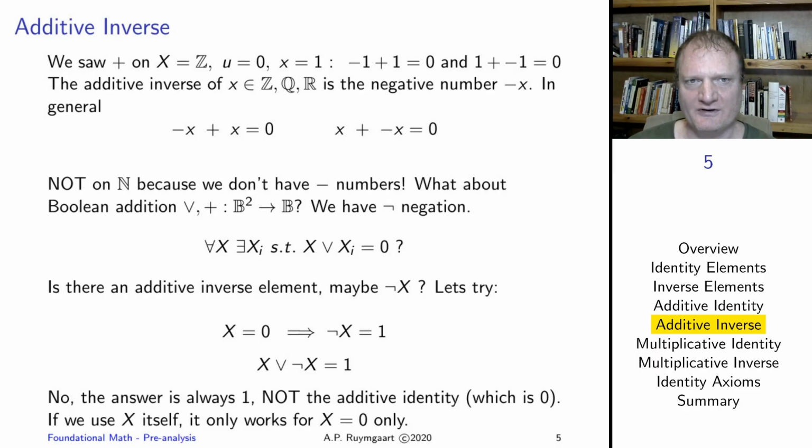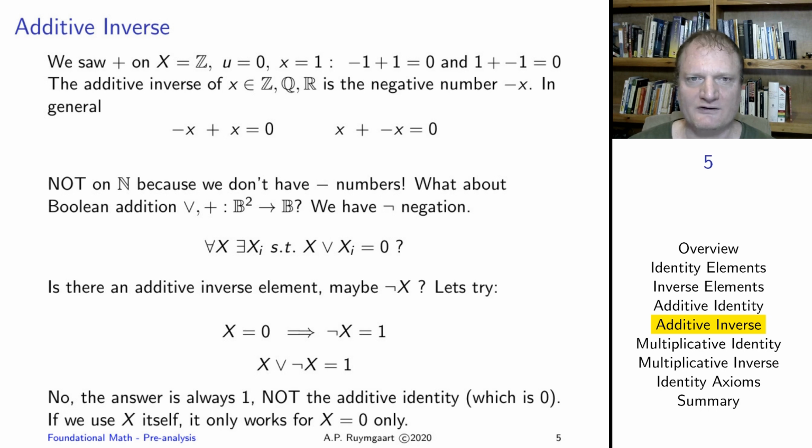So we've already seen an example of an inverse element for the addition operation. Officially, we call inverse elements of the addition operation additive inverses. Remember that our element plus our inverse element needs to equal the additive identity element, which is 0.